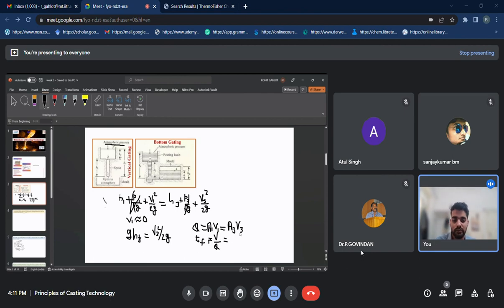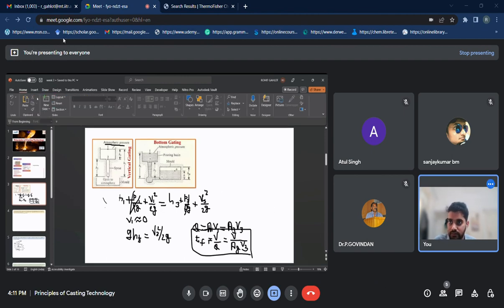This has already been covered, that's why I am going a bit fast, because the major focus is on solving the problems of this tutorial. So from here we can find out the filling time as the volume of the mold divided by the area of the gating system and the velocity at the gate entrance. This is for the top gating system.